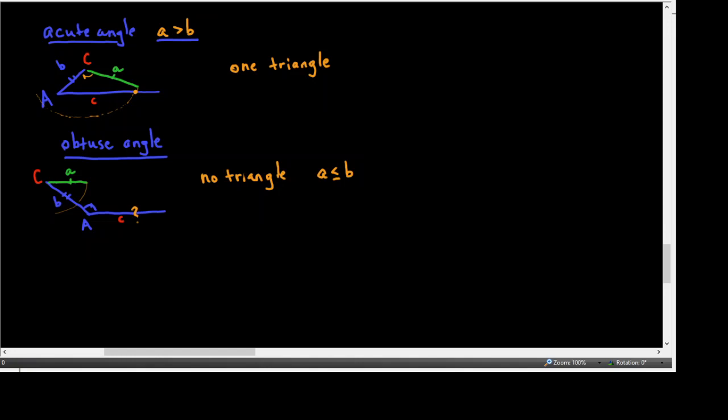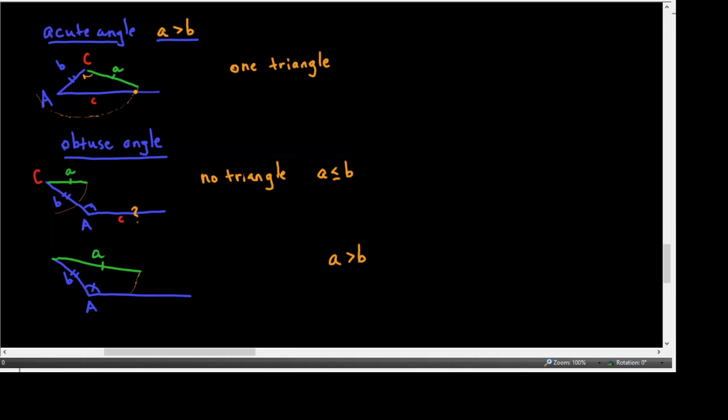All right, now let's talk about another situation. Same idea. Oops, well, that didn't look straight, but that's okay. We'll go with it. Angle A would be given, side B would be given, side A would be given, and let's assume A is longer than B, because that's the only other possibility. If A is longer than B, what's going to happen when you swing this around?